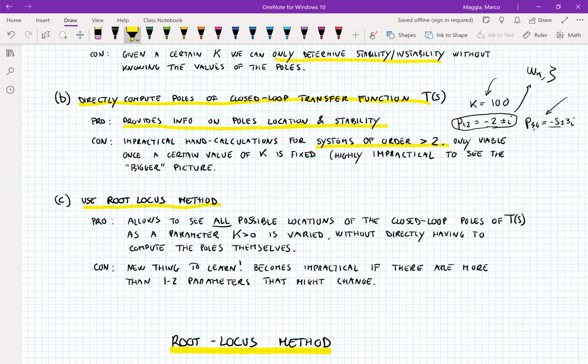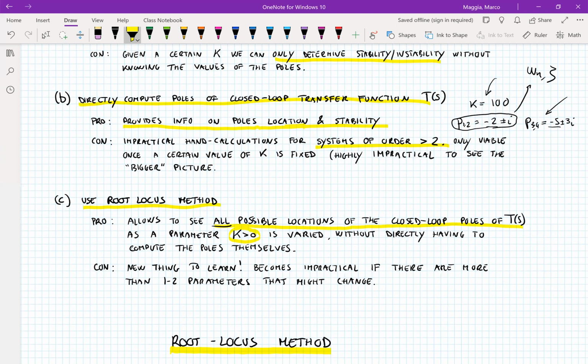The root-locus method will give us a way to draw on the complex plane, so on the S-plane, all the possible locations for the closed loop poles of T(s) as we change the parameter K. So that's great. You can see all the possible solutions of the characteristic equation as K is changed.